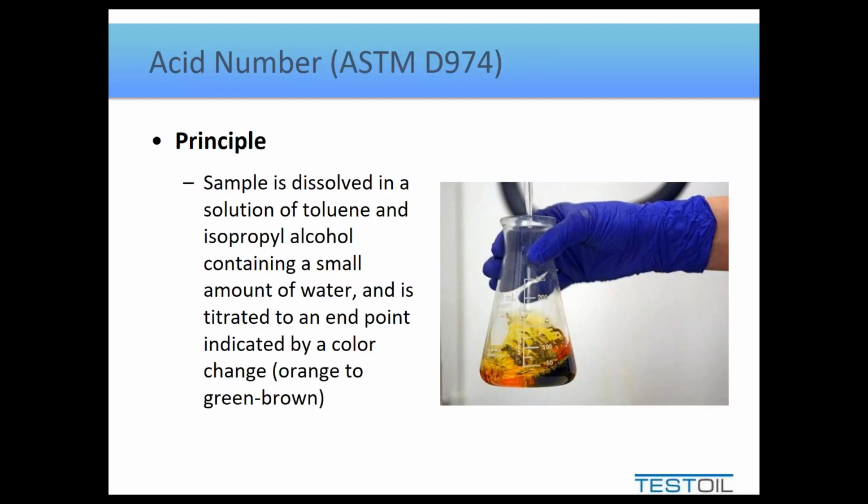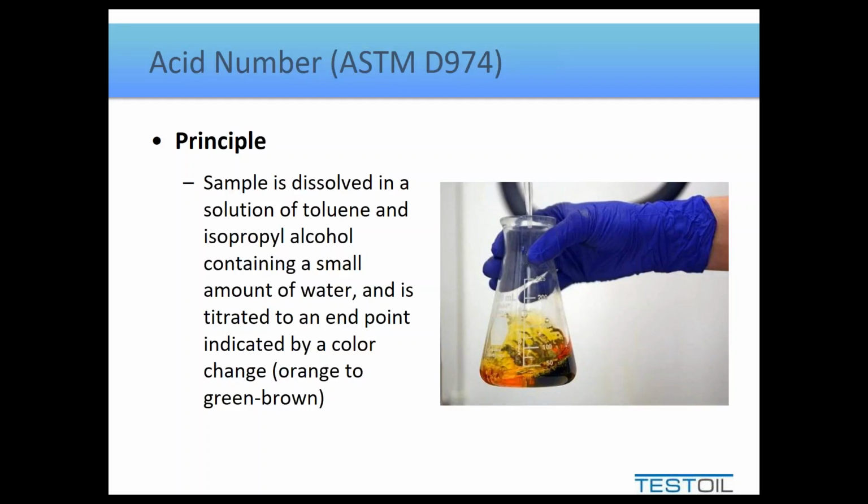So in our case, we measure the sample by mass, so we know how much oil we're starting with. We measure the base in terms of how much it takes to neutralize it, and we know the concentration of the base already. So once we neutralize it, we can figure out the concentration or the value of the acid, or what we call acid number.